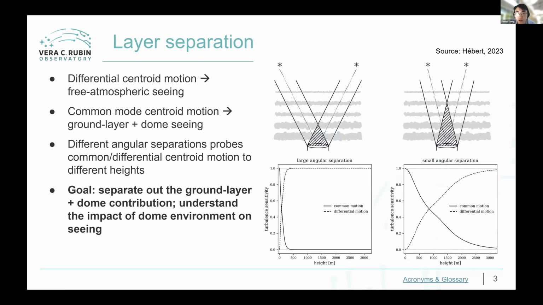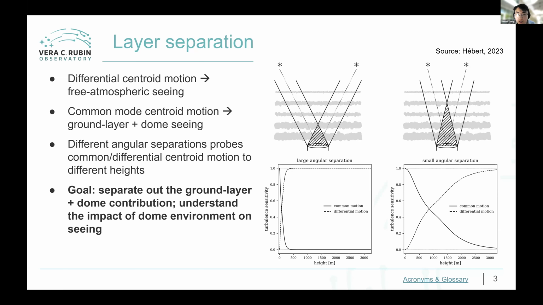Imagine we have a pair of stars, two guider stars. If we look at the air columns, the air columns of the two stars will overlap very much at the bottom, near the ground, as shown in this diagram. But the air columns would be separated further away at higher altitude, in the free atmosphere.